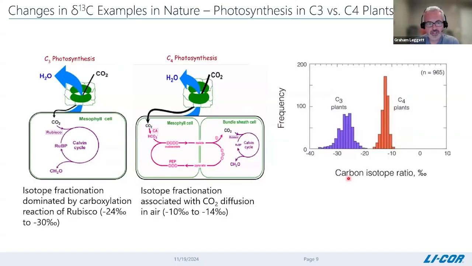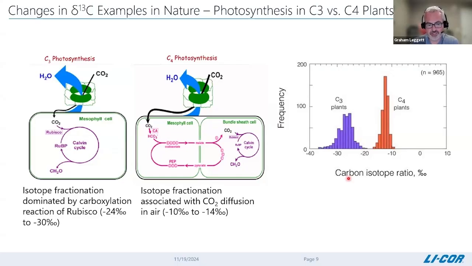Another very useful example, which comes into play with any kind of substance derived from plant material, is the fact that the two different photosynthetic pathways, C3 and C4, process C12 and C13 in different ways, very clearly affecting the isotopic signature. So, for example, in C3 plants, isotopic fractionation is dominated by carboxylation, reaction of Rubisco, and so very much more C12 is taken up in the plant, preferentially to C13, whereas in the C4 photosynthetic pathway, isotopic fractionation is dominated by CO₂ diffusion.